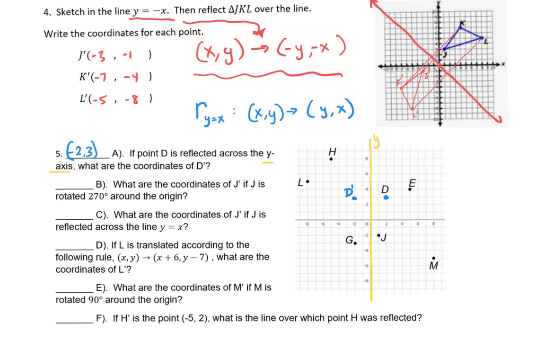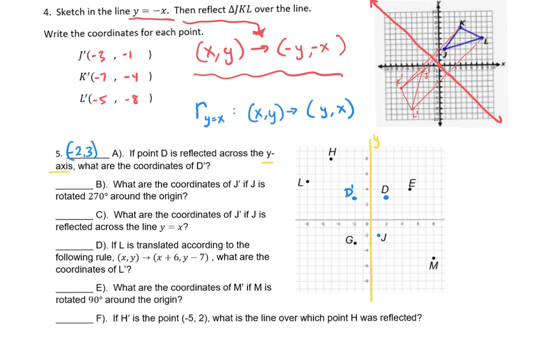Part B says, what are the coordinates of J prime if J is rotated 270 degrees around the origin? All right, so this is the one where I would ask you to turn your paper. So I'll find point J, and I would turn my paper 270 degrees counterclockwise. So I'm going to go ahead and do that with my iPad here.